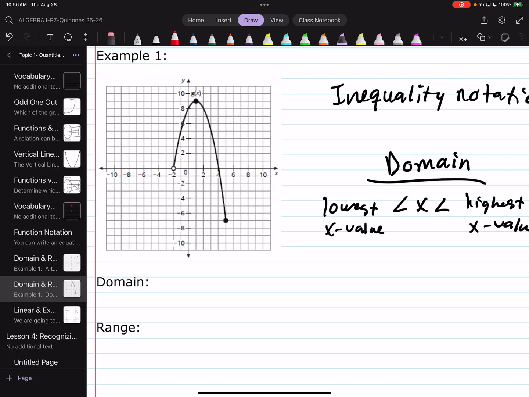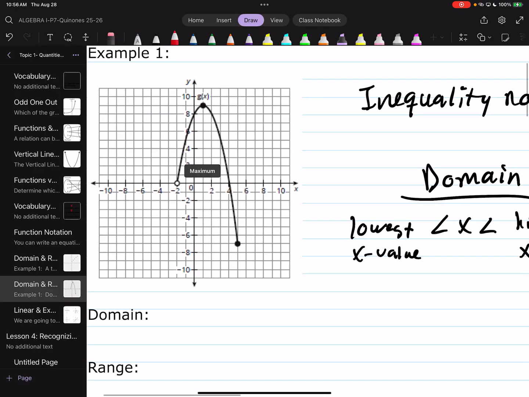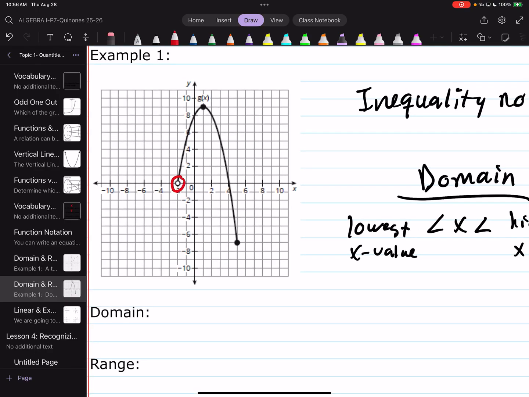Let's say how far to the left does this graph go? -2, right? But wait a minute though. What do you see about that -2? What do you notice about that end? It's not included. Why is it not included? What gives you that implication? The little circle, right? Here, I'm going to zoom in for those of you that are sight challenged.